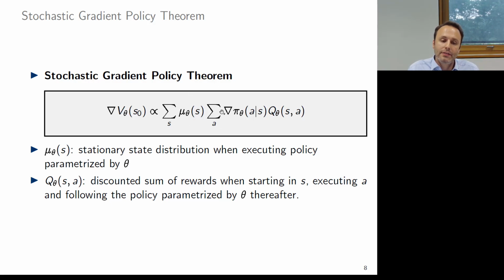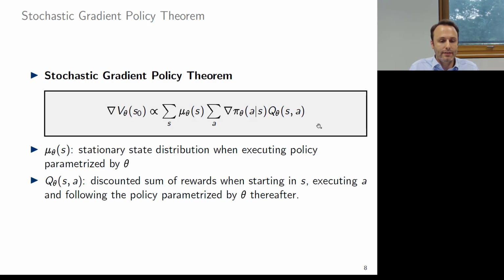We multiply this with the sum over all actions times the gradient of the policy, which gives the direction in which we can improve the policy, times the Q value. And the Q value is the discounted sum of rewards when starting in state S and executing action A and then following the policy parameterized by theta thereafter.